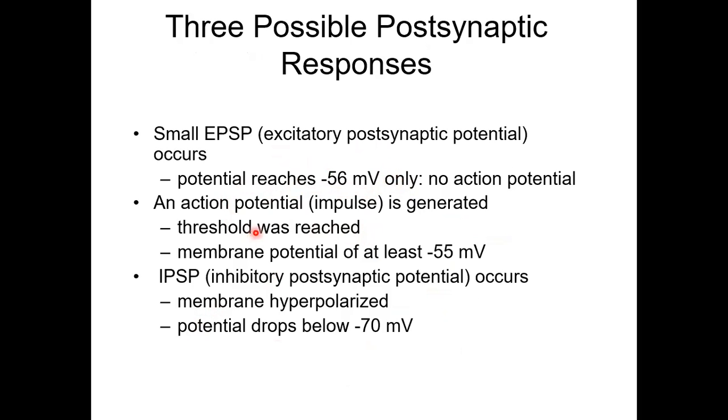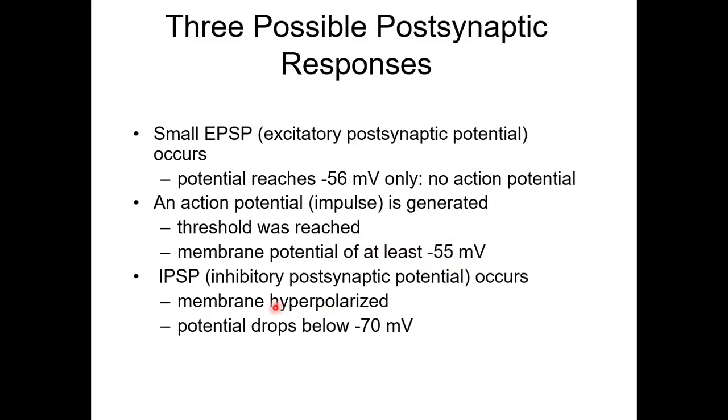If the overall input into this postsynaptic neuron results in a membrane potential of at least minus 55 millivolt, then we are crossing the threshold into forming an action potential, and this postsynaptic neuron will create a new action potential and nerve impulse.